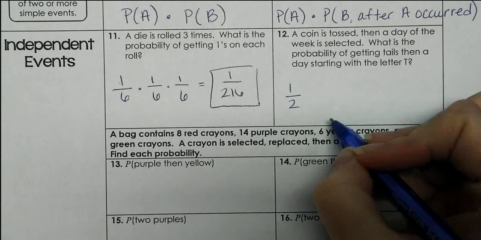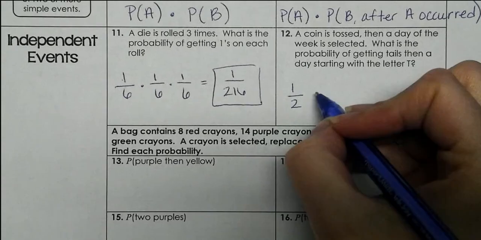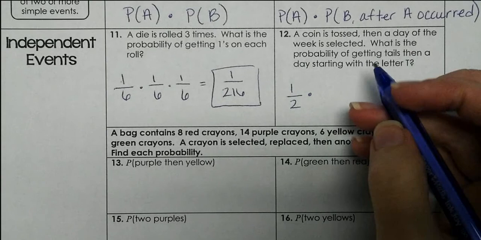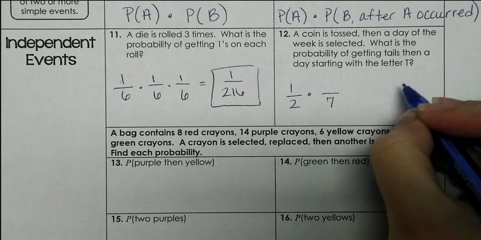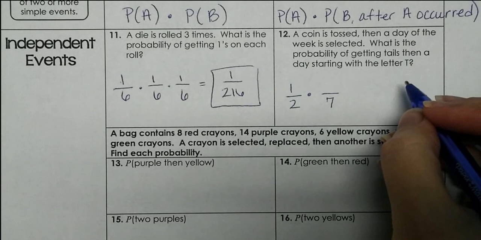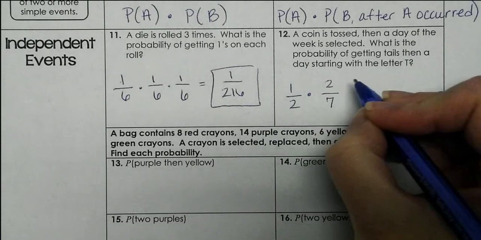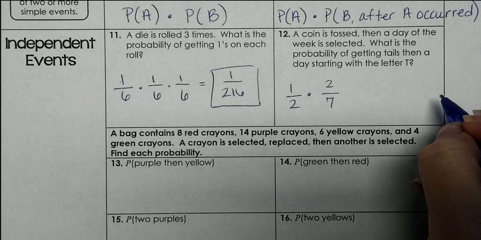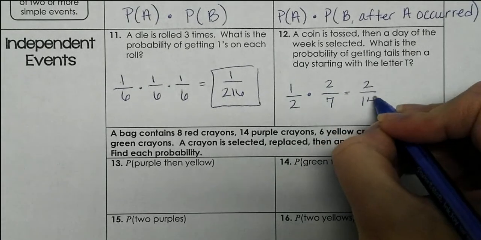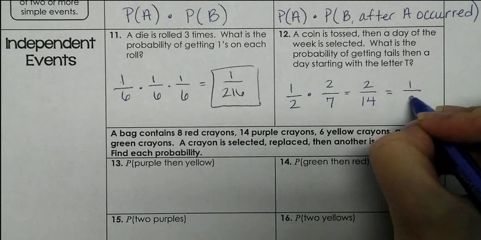So there's the probability of the first event. For the second event, we're talking about days of the week. There's 7 total days. And then there's 2 days starting with the letter T, Tuesday and Thursday. So there's the probability of the second event. So if I multiply those, I get 2 over 14, which reduces to 1 over 7. So that's my answer.